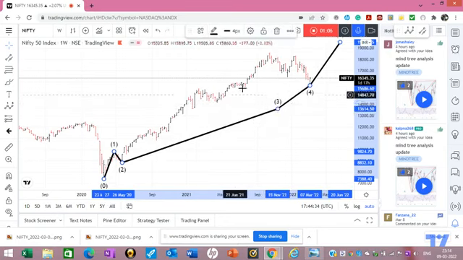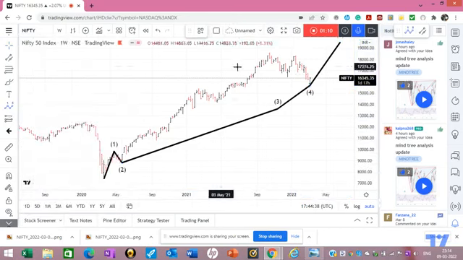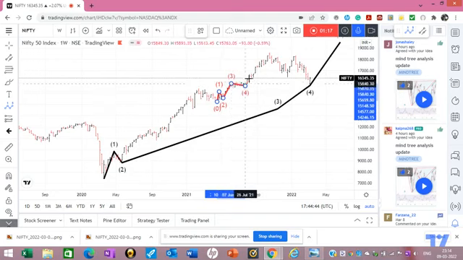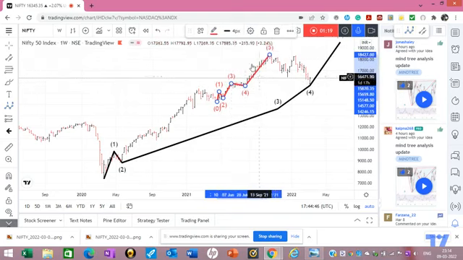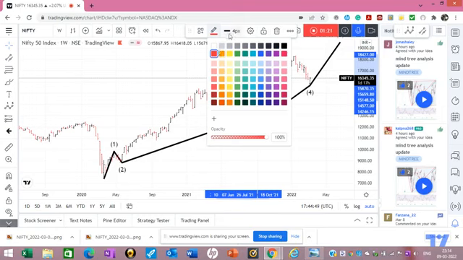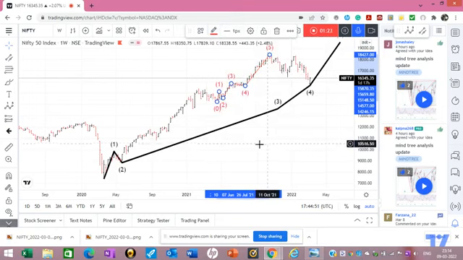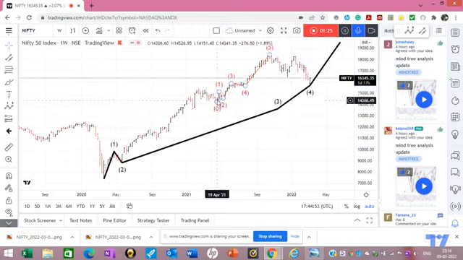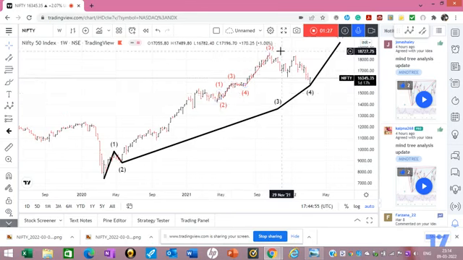And this last price action, this much, I would mark it like this: 1, 2, 3, 4, and 5. So this price action, I would mark it like this.